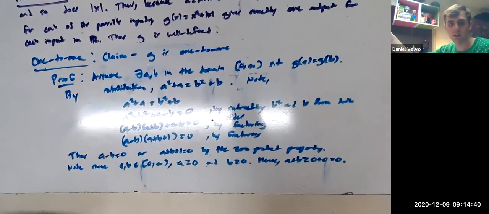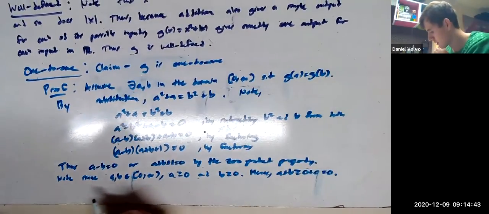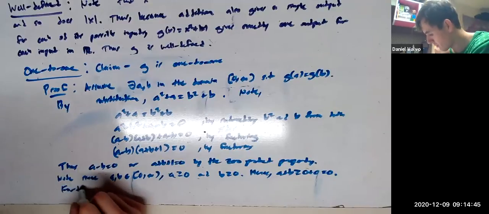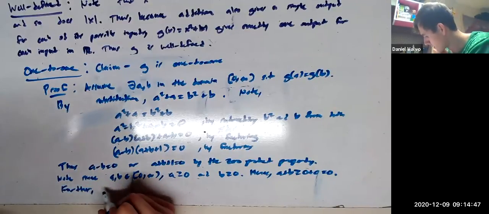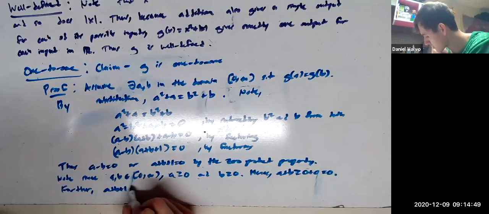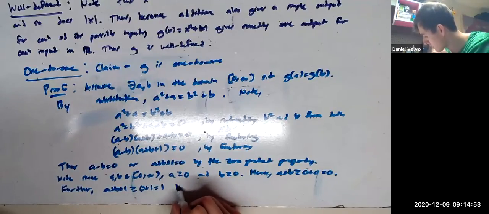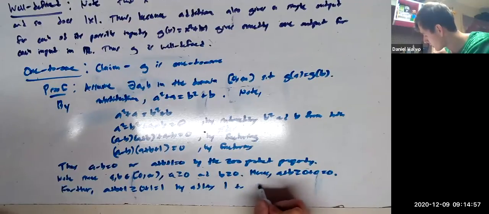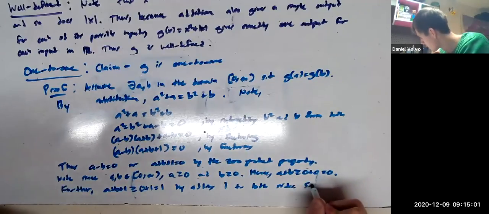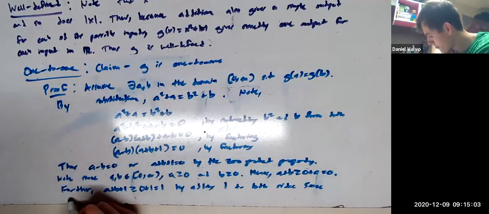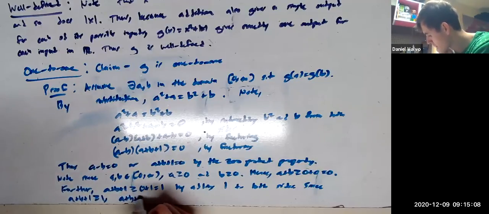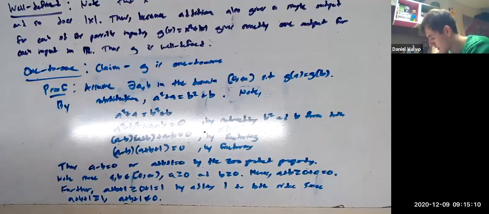And then if we come down a little further, a plus b plus 1 is greater than or equal to 0 plus 1, which equals 1, by adding 1 to both sides. Then since a plus b plus 1 is greater than or equal to 1, a plus b plus 1 certainly cannot equal 0.